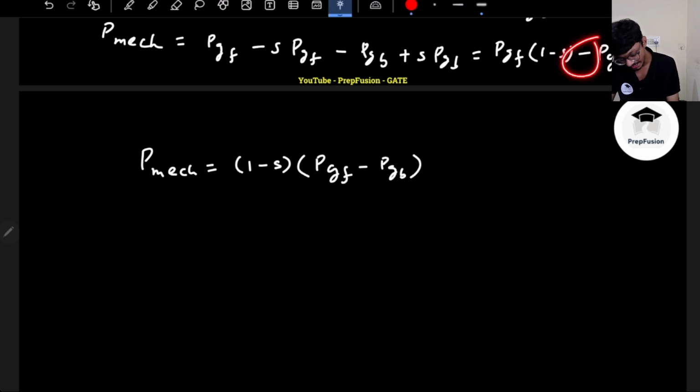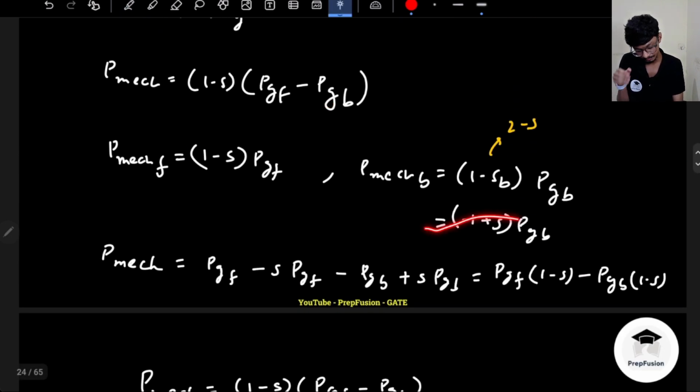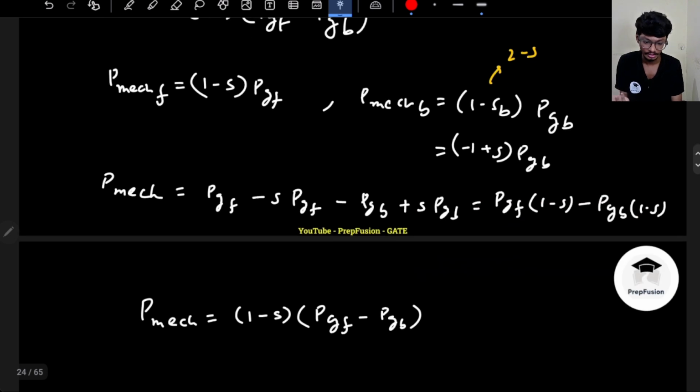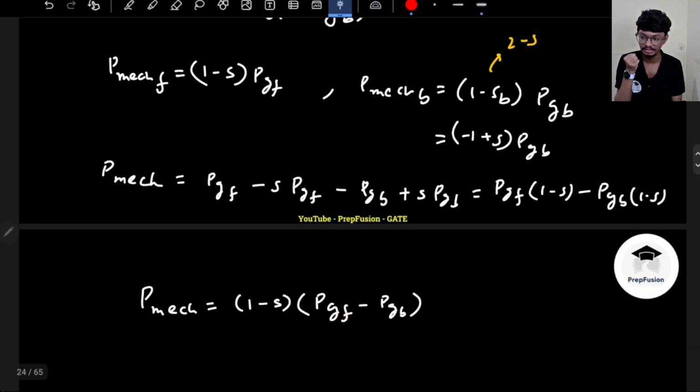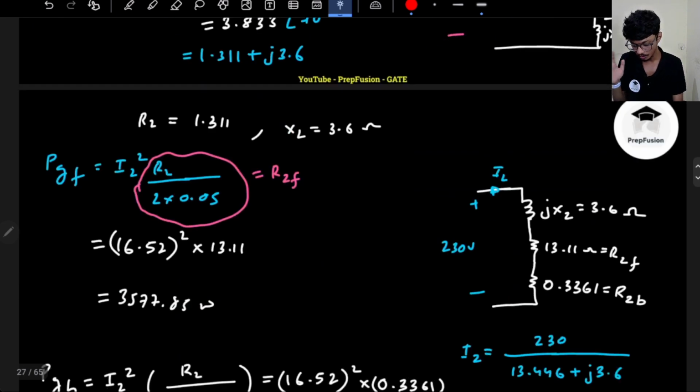So automatically the sign is negative. We were writing minus previously, but even if I write plus with superposition, I am able to understand the backward field air gap power will be opposing. That's why it is negative over here. So that is also proof to you why it is negative.